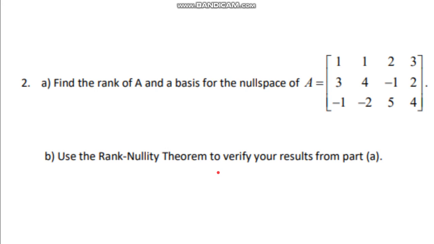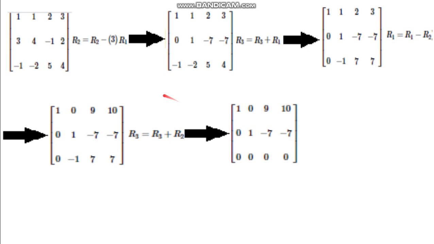So before we can start looking for the rank and the basis for the null space, we have to put this matrix in reduced row echelon form. So what we do is subtract the first row multiplied by 3 from the second row and store it in row 2. This is our result.